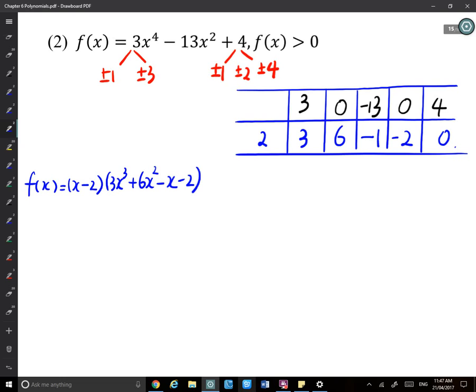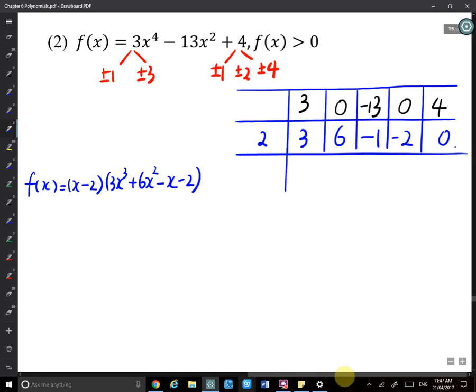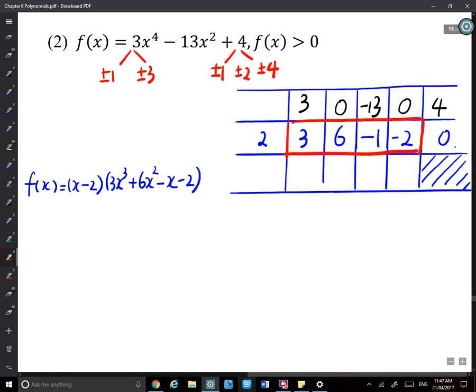You want to find another linear factor for this cubic, and then you want to find a quadratic and factorize that quadratic. So what's the good thing for this box is I can create another row. And I don't need that box. I use those 4 numbers, treat them as a cubic and keep doing.